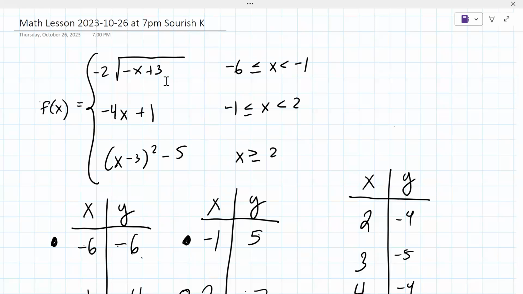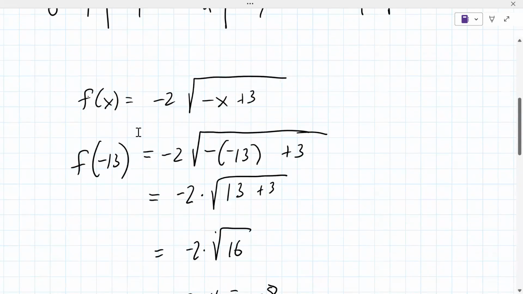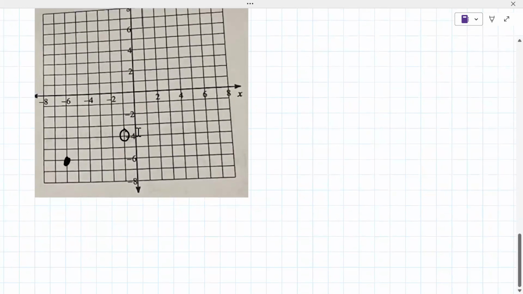It's a square root, which means that it's got a certain shape like this.